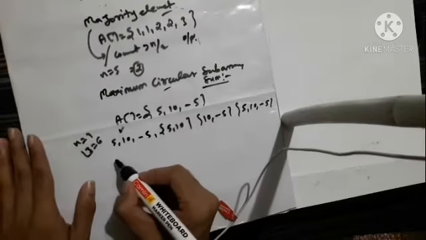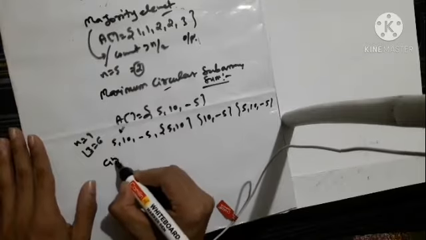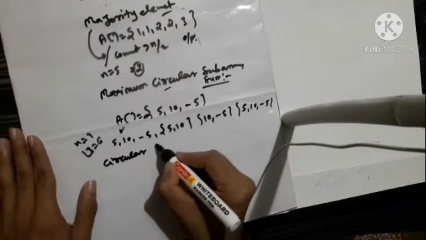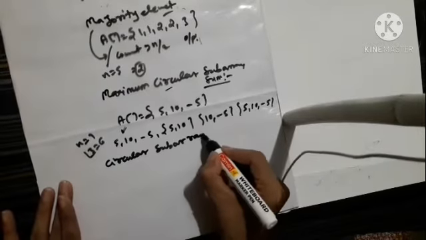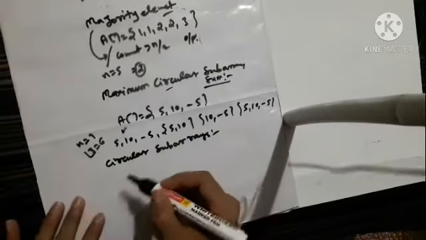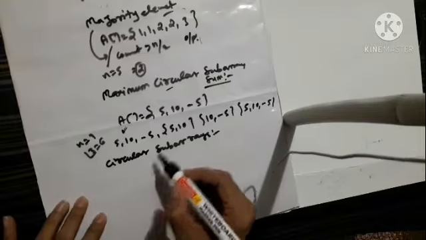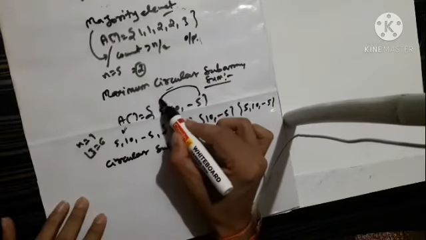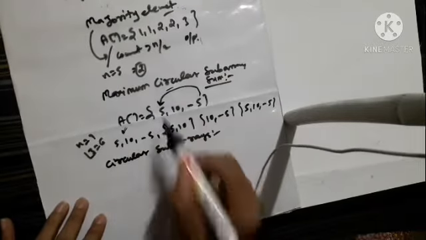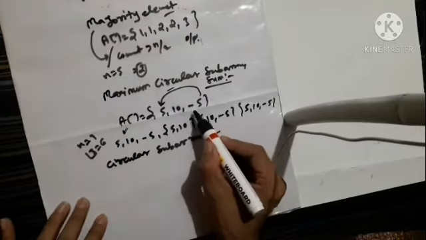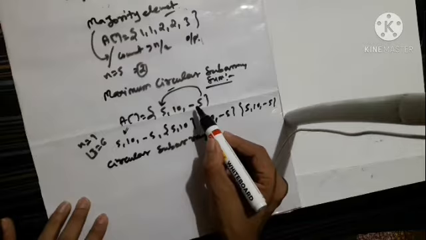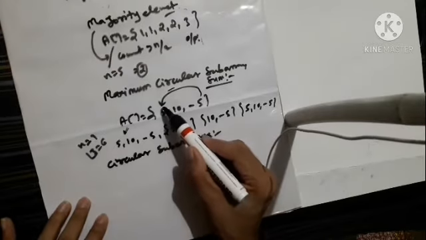Now I will write what are the possible circular subarrays for this particular array. A circular subarray means the last element will try to connect with its first index element. That means the n minus 1th element will try to connect with the 0th index element.